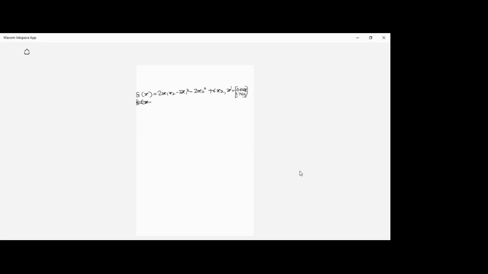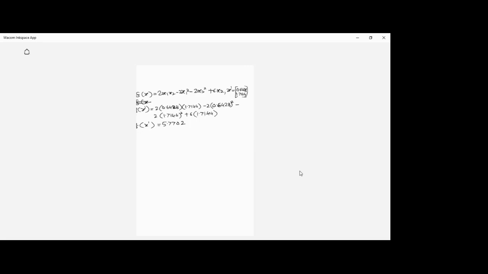So substituting this value, we can find out f of x dash is equal to 2 into 0.6428 into 1.7144 minus 2 into 0.6428 bracket square minus 2 into 1.7144 bracket square plus 6 into 1.7144, right? So if we try solving this, the value of f of x dash comes out to be 5.7702, right?